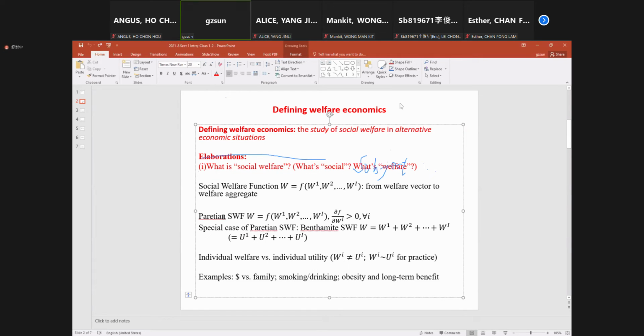And as explained briefly at the end of last class, we have already made this point that social welfare is aggregate. Here, this is the key word. We aggregate everybody's individual welfare. How good, how well you feel, how well I feel, how well everybody feels.